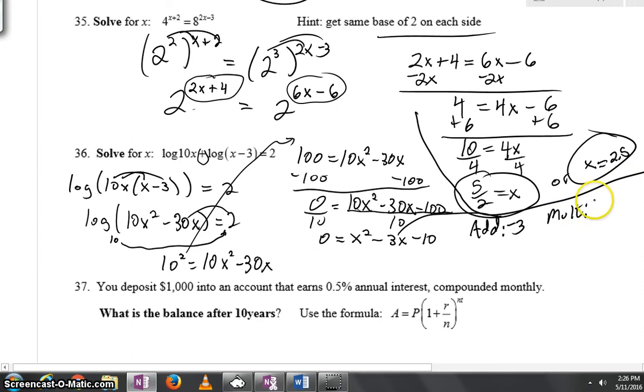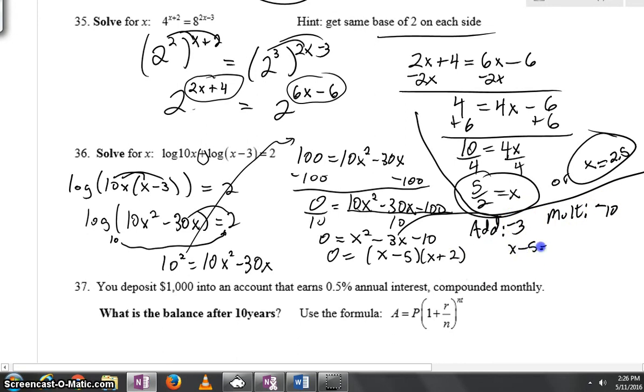And when we add, we'd get negative 3. Well, hopefully it wouldn't take you too long to think of -5 and +2. -5 plus 2 is -3. The larger number must be a negative. You're going to multiply to -10.